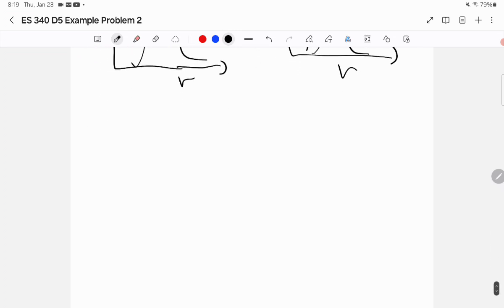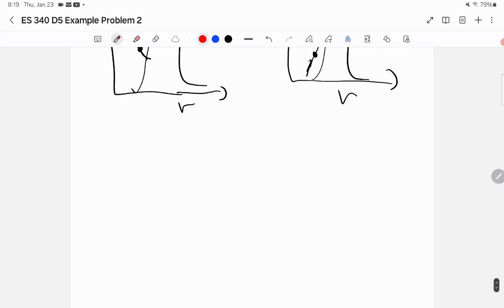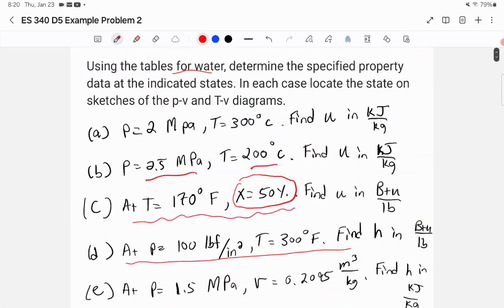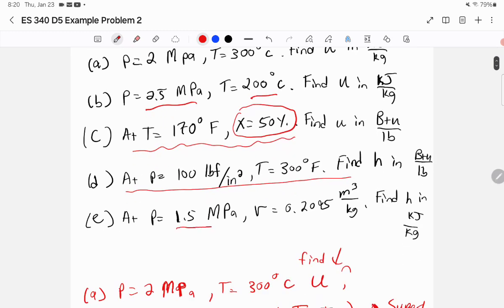Okay, then the final one is part E. Now, let's go back up and see what part E was. Well, part E was at 1.5 megapascals, and we're given the specific volume here, which is 0.2095.